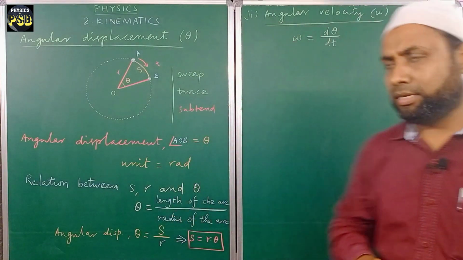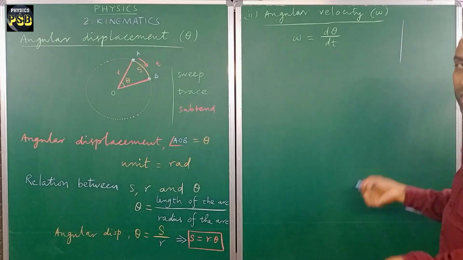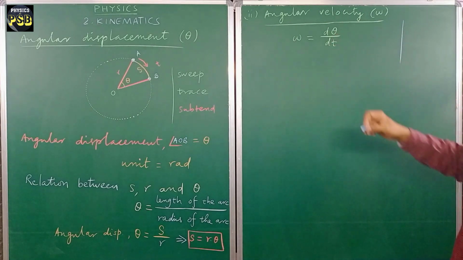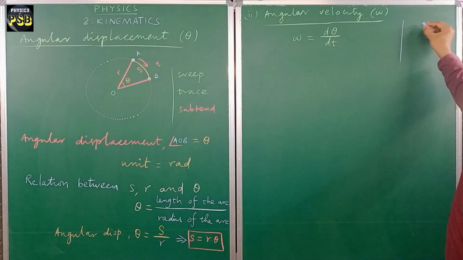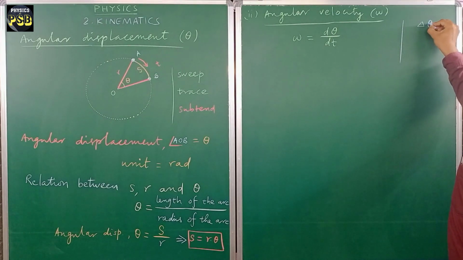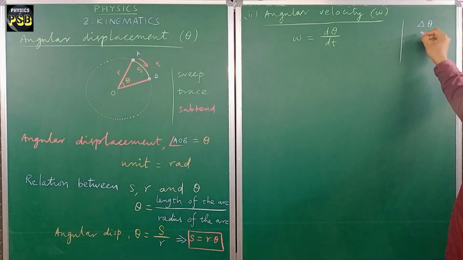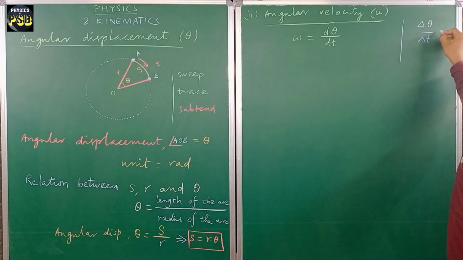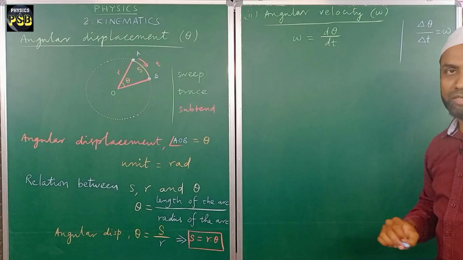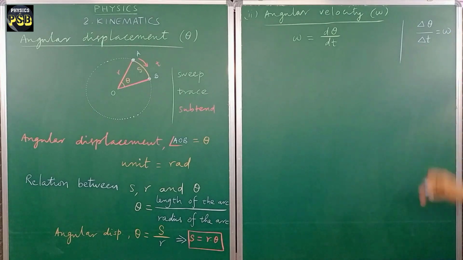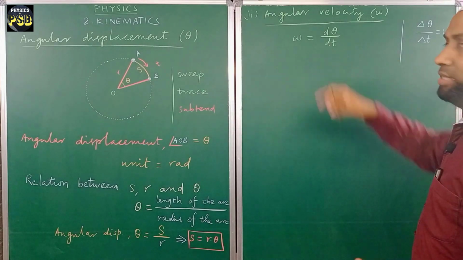Now, in some cases, the change in angular displacement is represented by letter delta theta, for a time delta t. It is nothing but omega, angular velocity. Here, in the limit delta t tends to 0, then we get this expression.